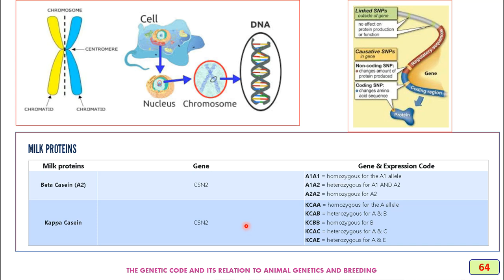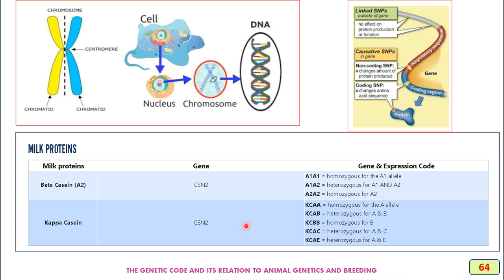Earlier this concept was very much spread, that A2 milk is very good for health and A1 is deleterious to the health of human beings, but there is no proof at all that A1 is dangerous and A2 is very beneficial.